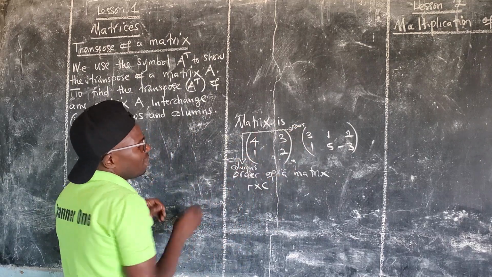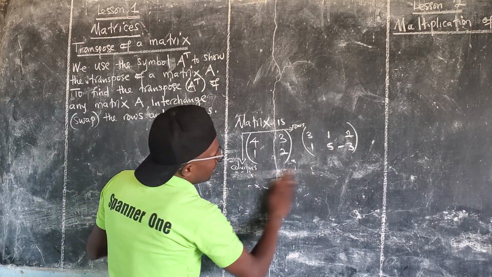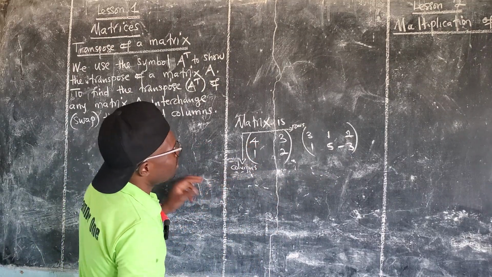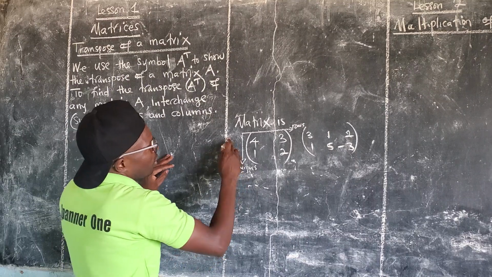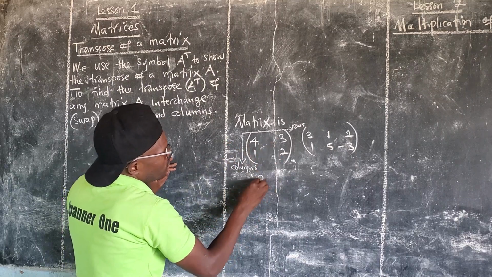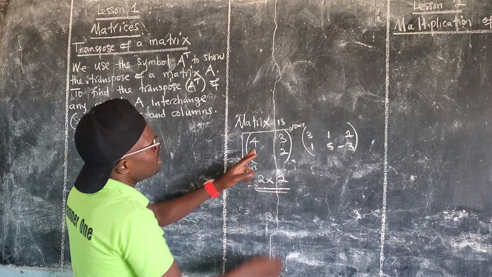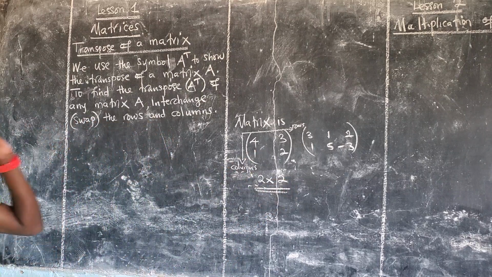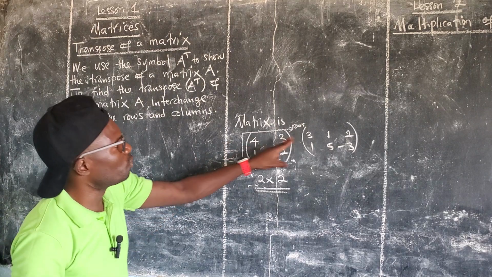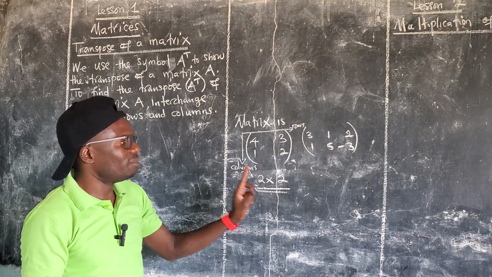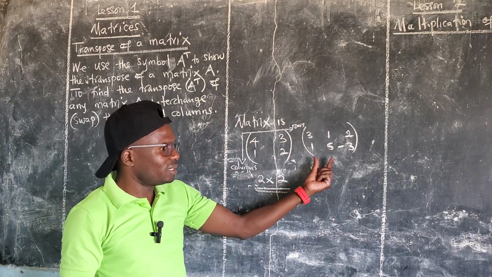So what is the order of this matrix? It has 2 rows times 2 columns. So this is what you call a 2 by 2 matrix, meaning that it has 2 rows and 2 columns.